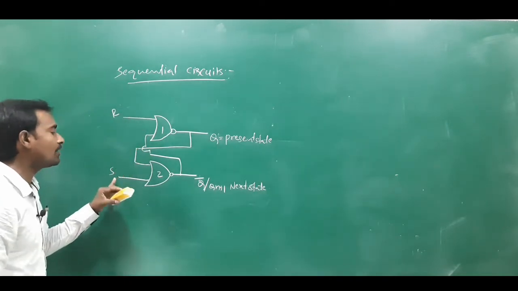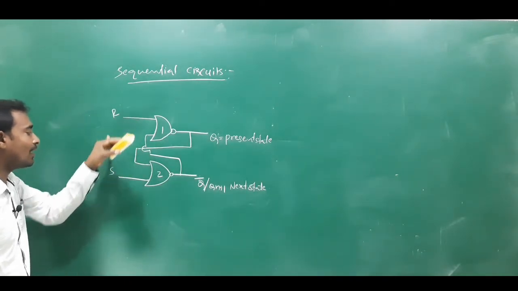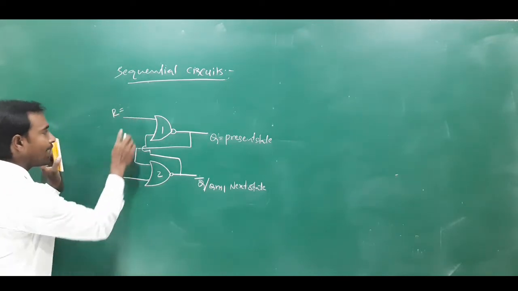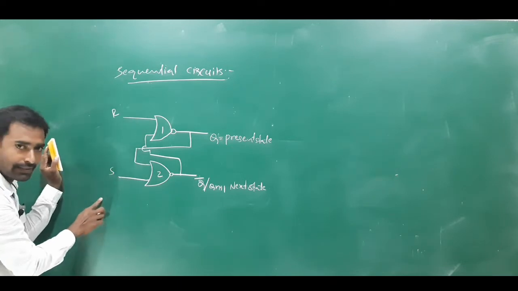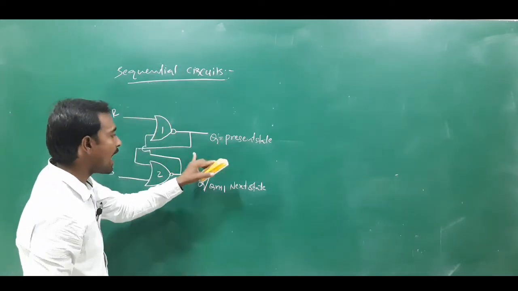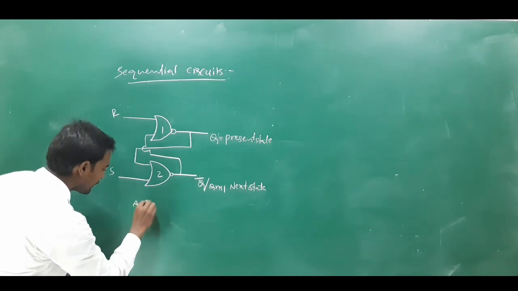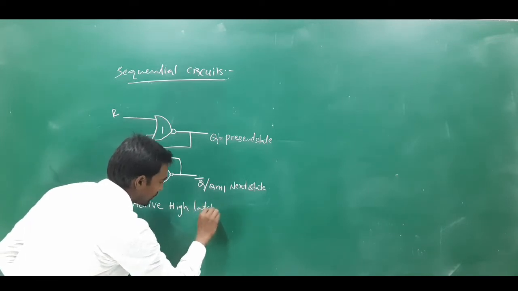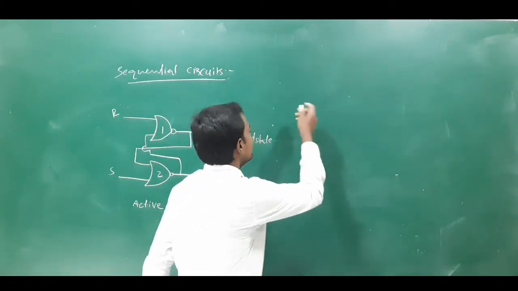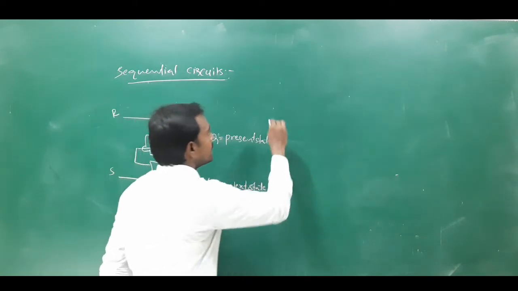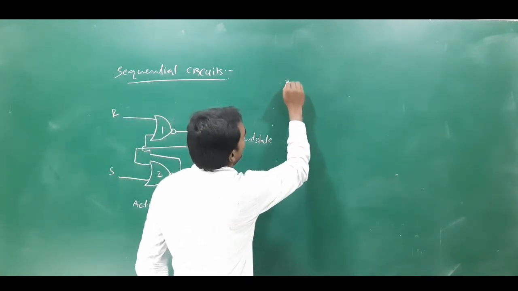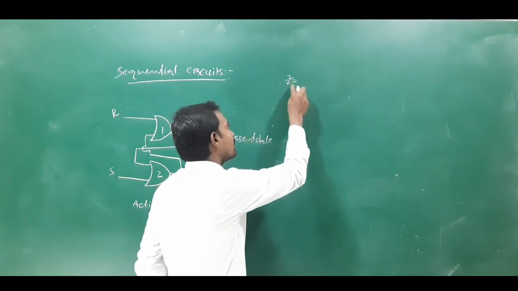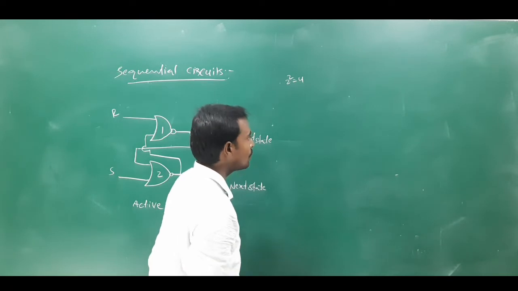And here I am giving the two inputs, called R and S. R stands for reset and S stands for set. Coming to the truth table of this active high latch circuit, for the two inputs we will get four combinations, like 2 to the power of 2 is equal to 4.